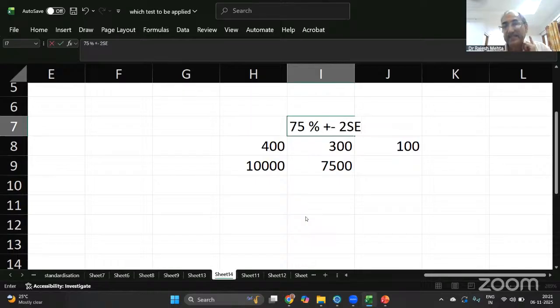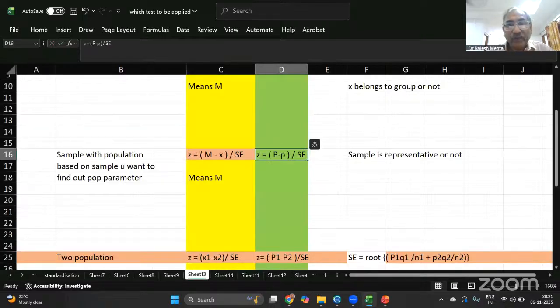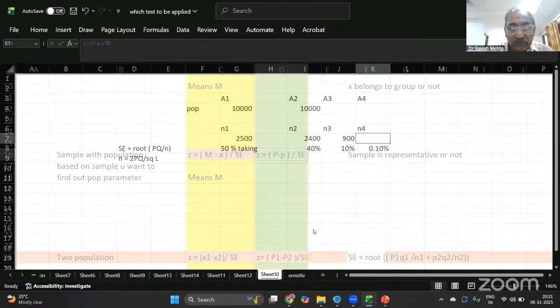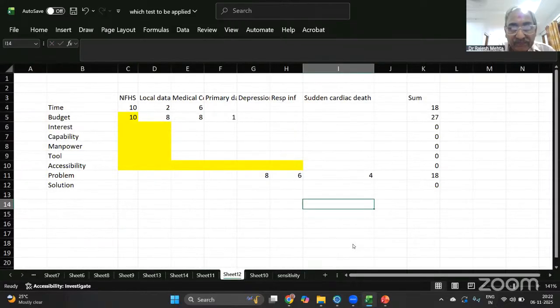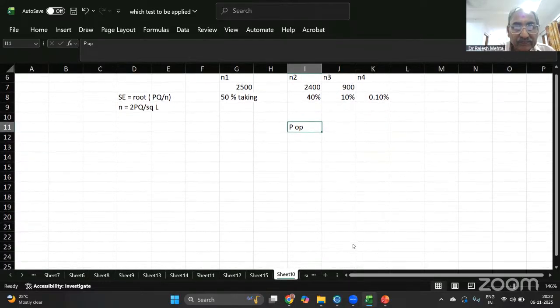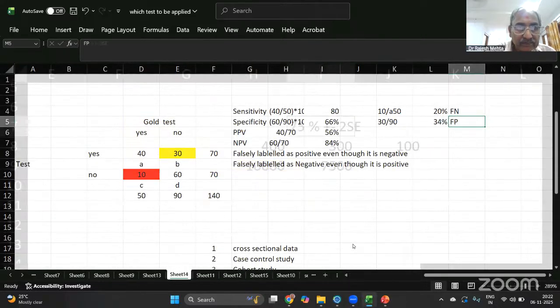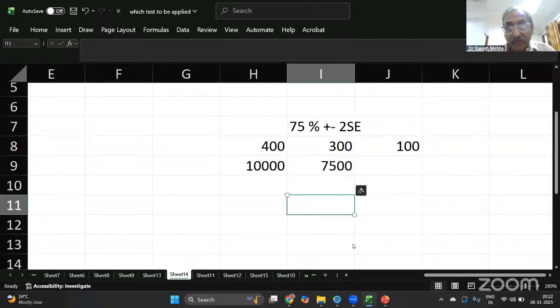And the formula for the standard error of proportion: population proportion means how much proportion is belonging to that. So the population proportion is 75%.